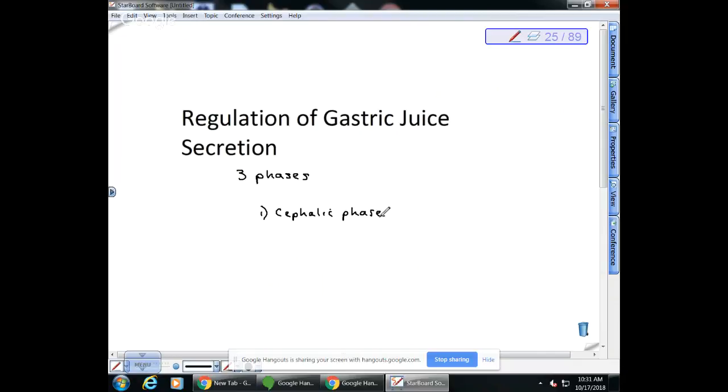Anybody remember? Your head. Excellent. Okay. So this takes place in the cerebral cortex, or actually it would be part of the conscious brain. So we'll just put conscious brain. Smells food or thinks about eating.